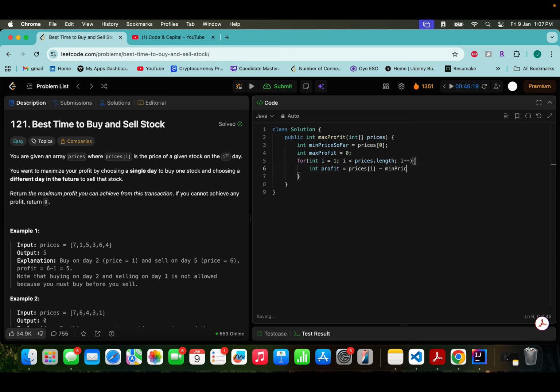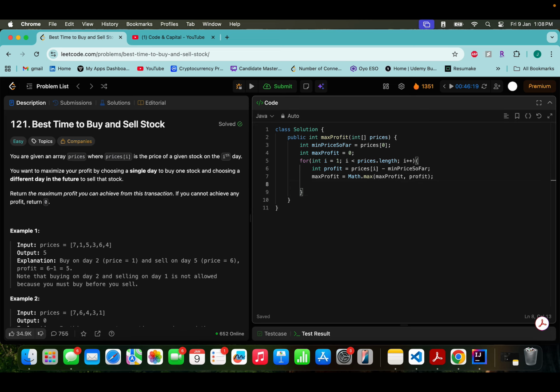And if I just subtract min price so far, this is the price for which I bought the stock, right? And this is the selling price for which I'm selling the stock. So this will be the current profit. I'll just update my max profit here, all right? So if this profit is better than max profit, I'll just replace it.